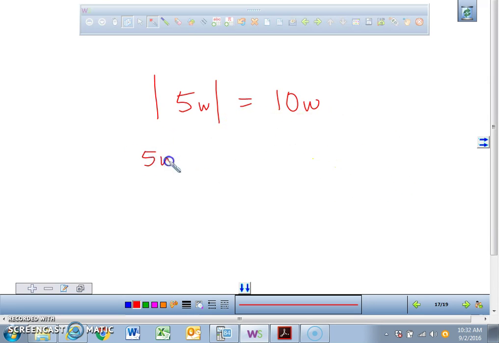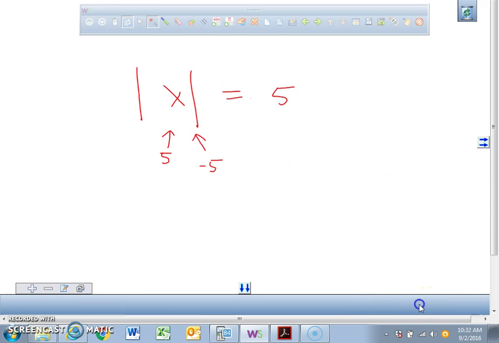I could say 5w equals 10w, but I could also say 5w equals a negative 10w. So whatever you're setting in the equation, you have to have the positive answer, and you also have to have the negative answer. Okay, so go back to where we were.